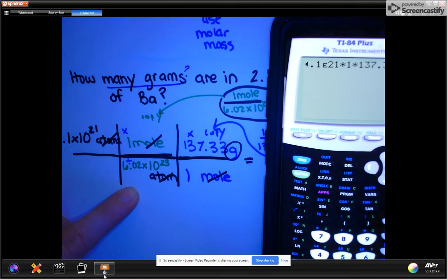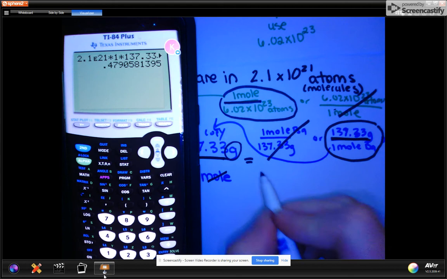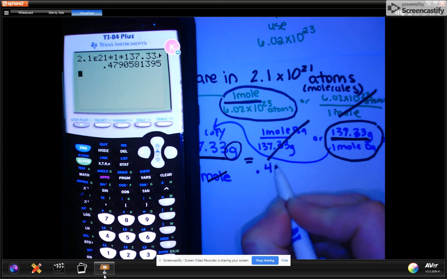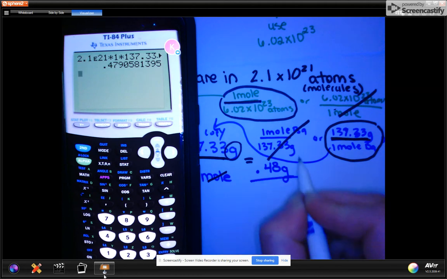So I'm just going to hit divide 6.02, second EE, 23. Divide, because it's on bottom. So I'm going to hit divide by 1. And I'm going to hit enter. There's my answer. 0.48, because I'm rounding. The last unit I wrote down was grams.